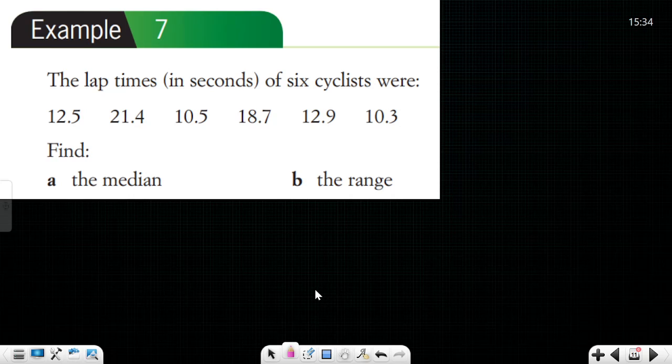Find the median. Whenever they ask you to find the median, first arrange the data in ascending order: 10.3, 10.5, 12.5, 12.9, 18.7, 21.4.